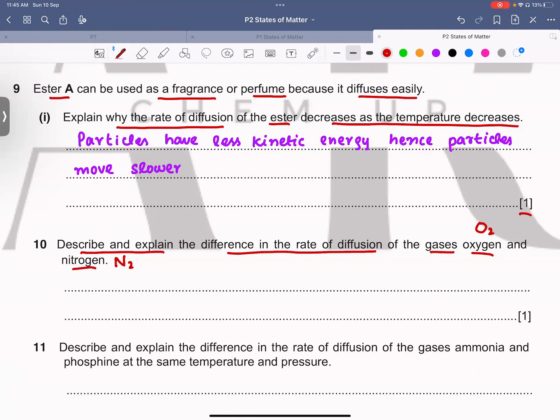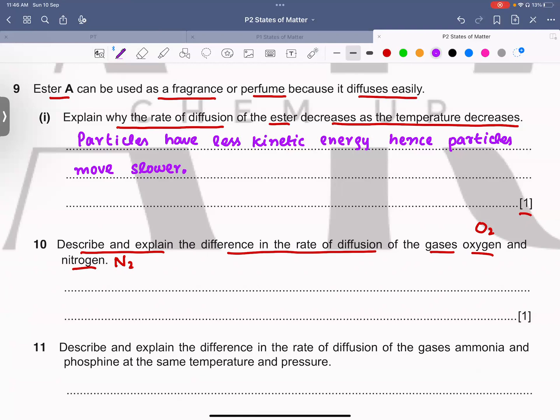What is the other thing that affects the rate of diffusion besides temperature? Spaces between the particles? Mr? What is the full form of Mr? Relative molecular mass.